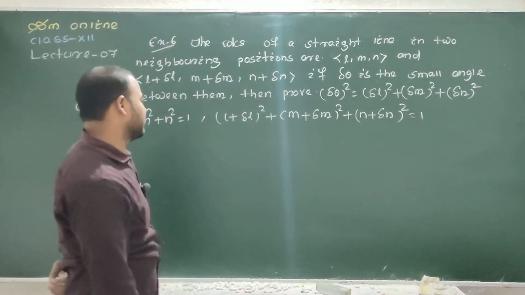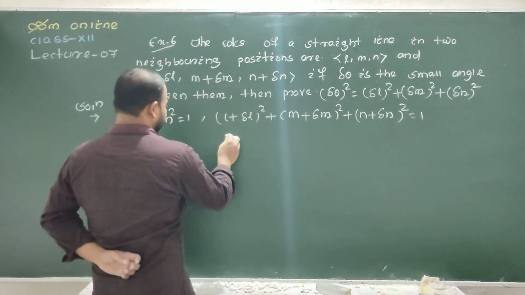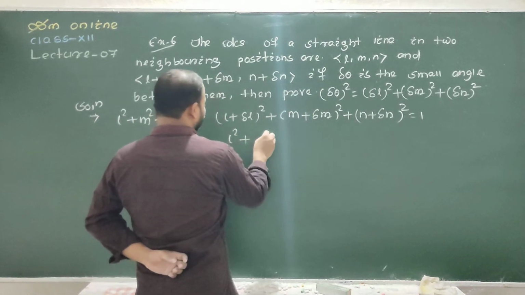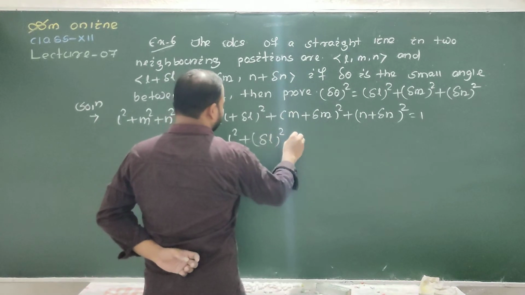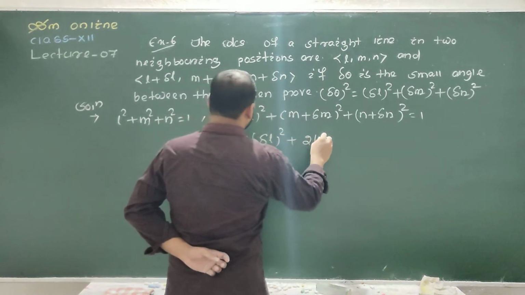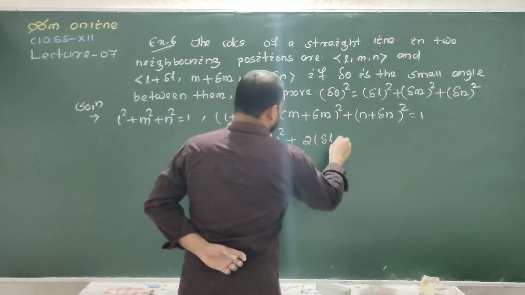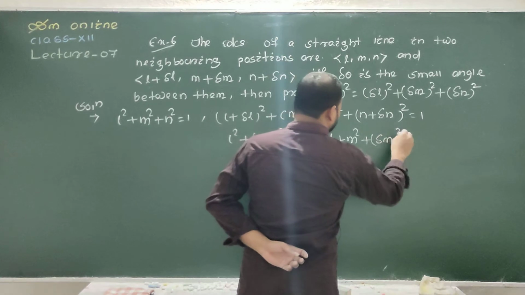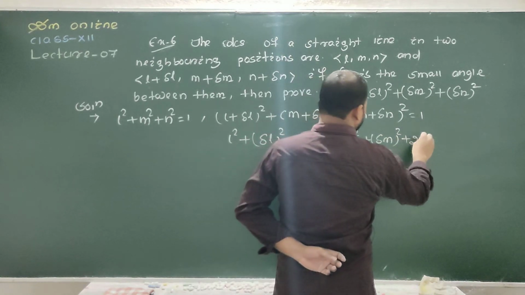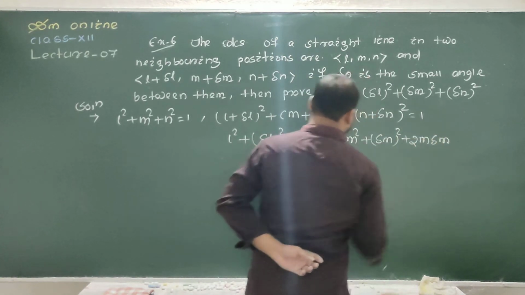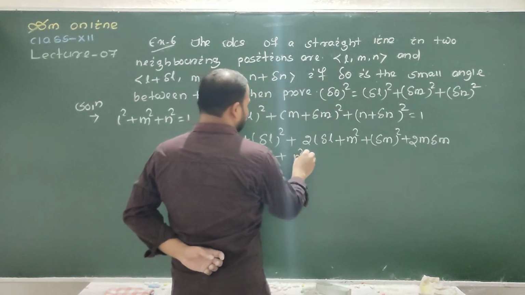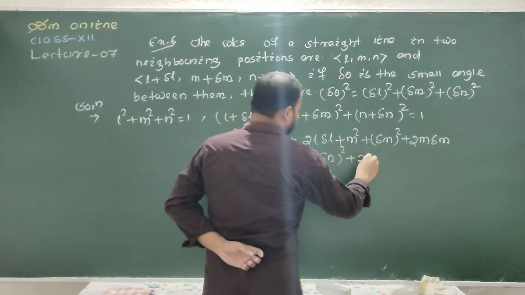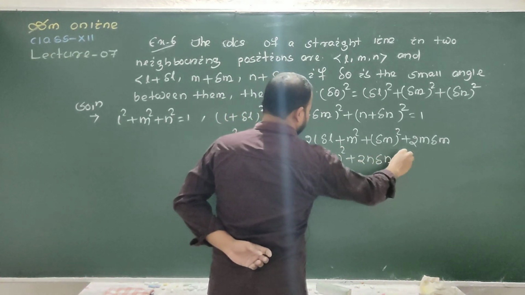Okay, and if we solve this, this is L square plus del L square plus 2L del L. Okay, and this is plus M square plus del M square plus 2M del M, and this is N square plus del N square plus 2N del N equal to 1.